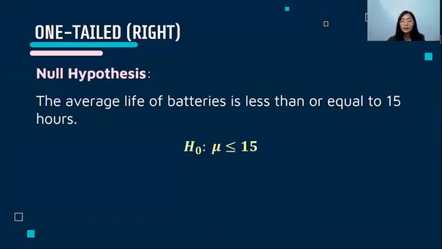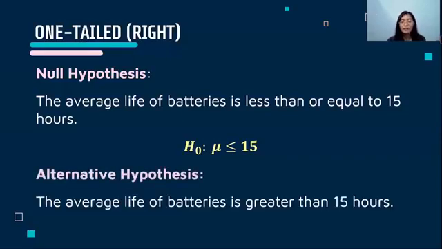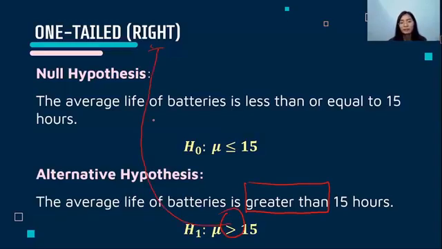Since our alternative hypothesis contradicts our null hypothesis, the average life of batteries is greater than 15 hours, and in symbols, mu is greater than 15. This greater than phrase and symbol indicate that we have a right tail test, or a one tail test to the right.